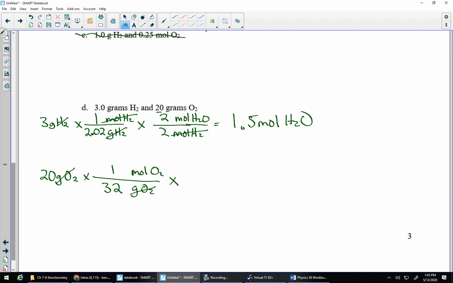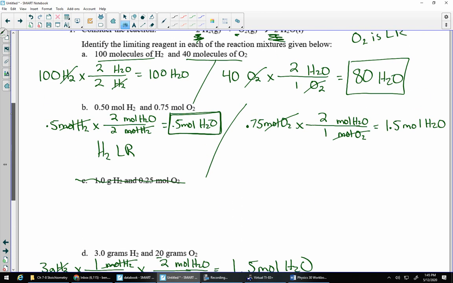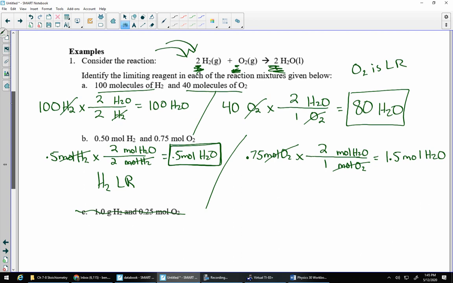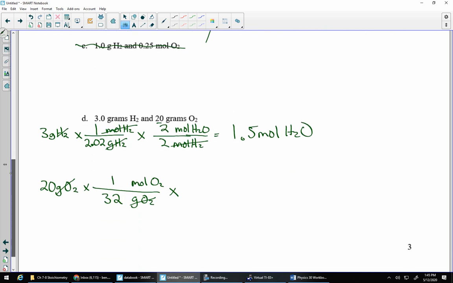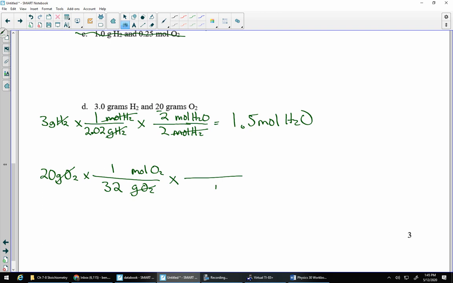Then I use my mole ratio, which is 1 oxygen for every 2 waters. So oxygen cancels with oxygen, and I end up with moles of water.